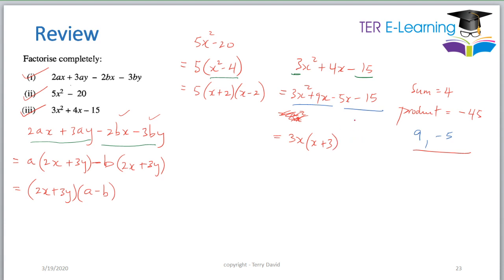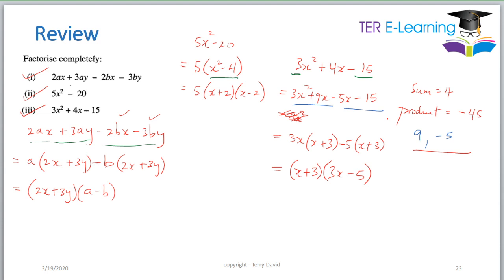Then on the right hand side, the 5x and the minus 5x, the only thing we can pull out there is 5, and this will become x. Now remember, you factorize by grouping, so we need to make sure this is x plus 3, and the only way that will happen is if this sign here is a minus sign. So the final answer is (x plus 3) by (3x minus 5).